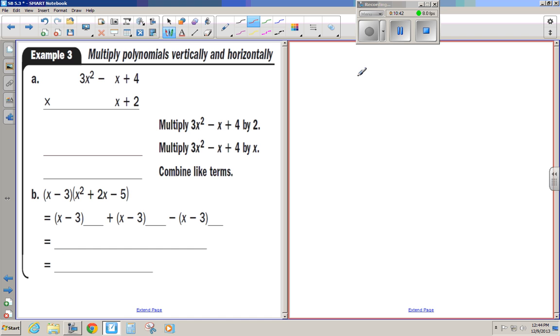Like if you were doing 314 times 12, you would do 2 times 4 is 8, 2 times 1 is 2, 2 times 3 is 6. Then you leave a space and do 2 times 1 times 4, 1 times 1, 1 times 3. And then you would add. So you would do some multiplying, and then you do adding.